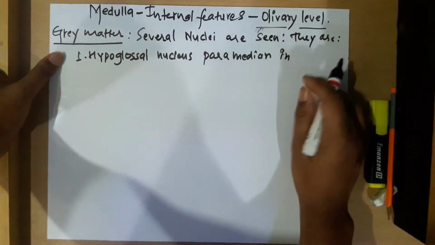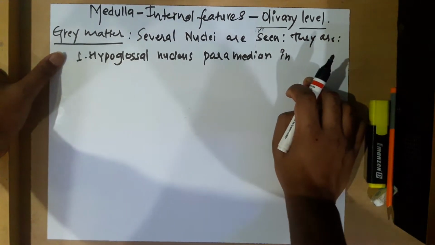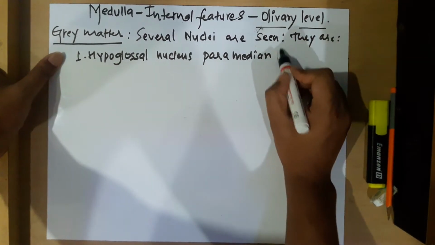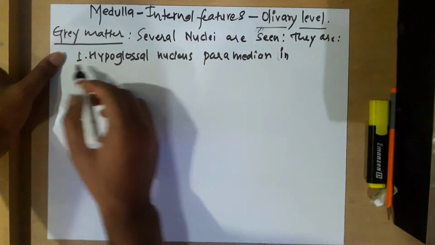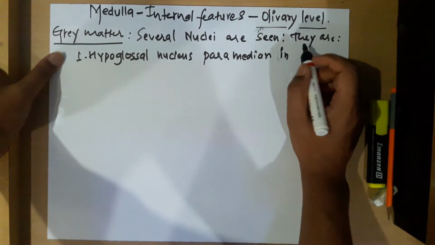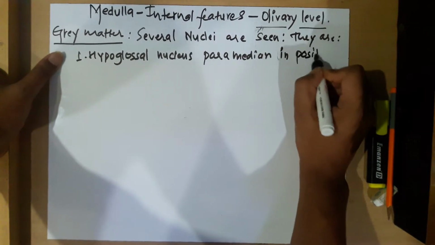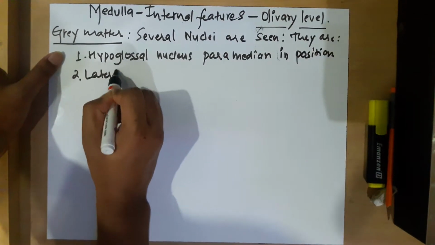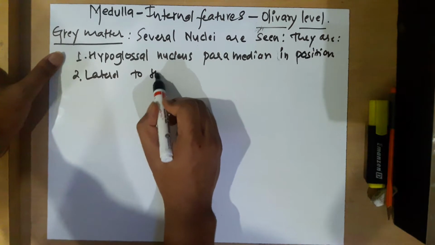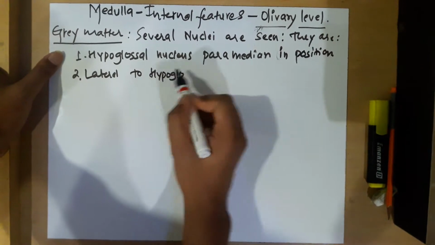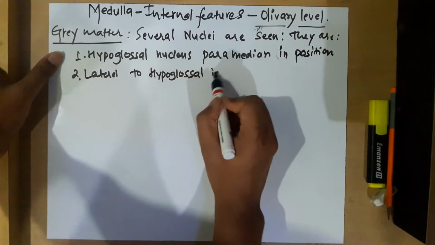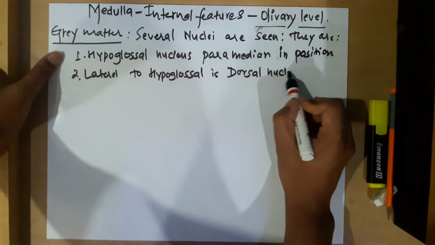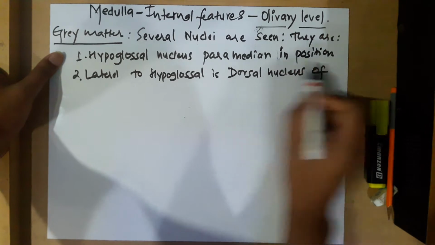You will be more clear about this nucleus when we discuss the figure. Hypoglossal nucleus is paramedian in position. Lateral to hypoglossal is the dorsal nucleus of vagus.